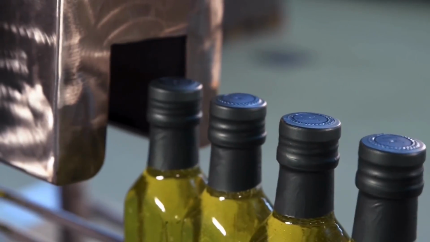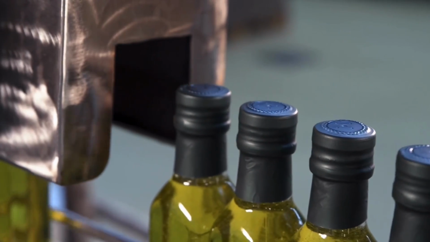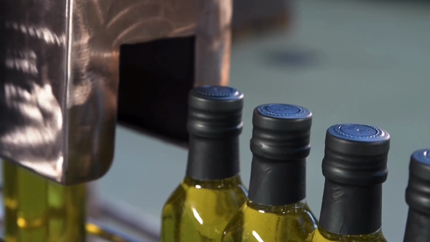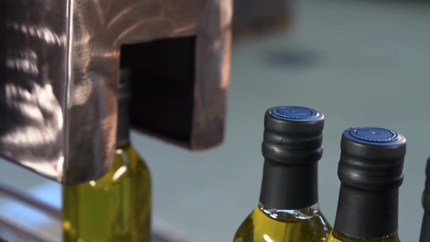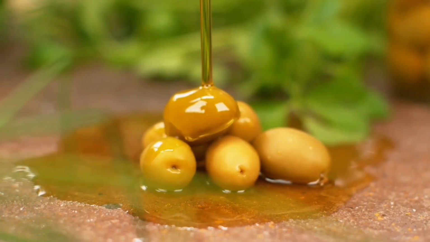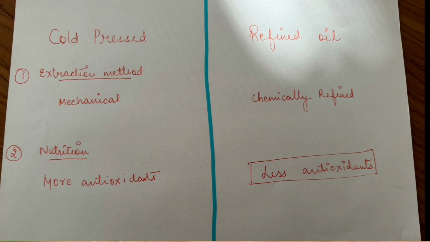They are stripped off in the refining process. However, they have a high smoke point, making them suitable for high heat cooking. Cold press oil, on the other hand, retains more natural antioxidants, vitamins and minerals compared to refined oil. But at the very same time, it has a low smoke point, making it suitable for only low and medium heat cooking.